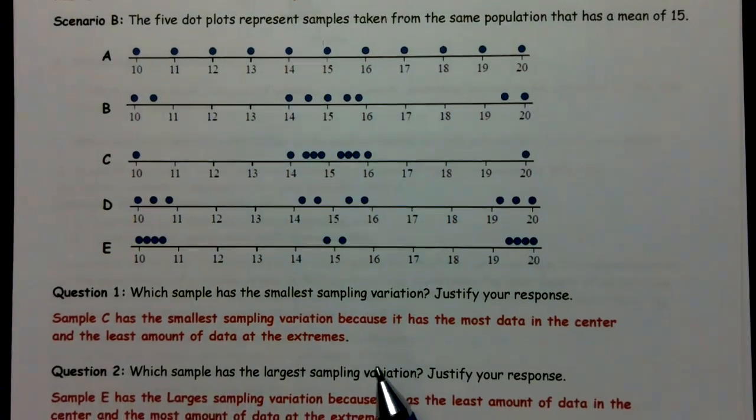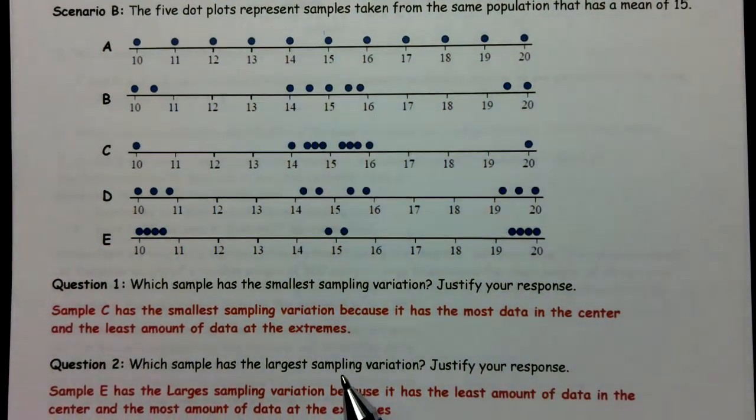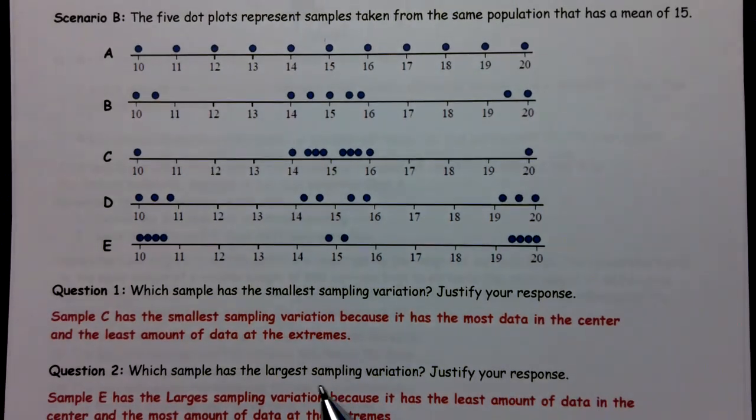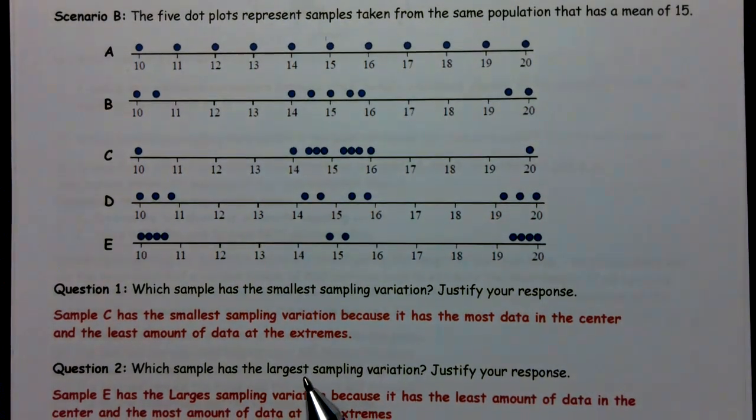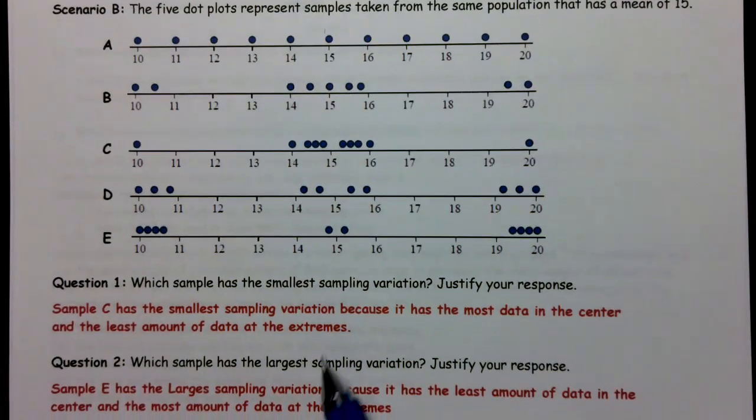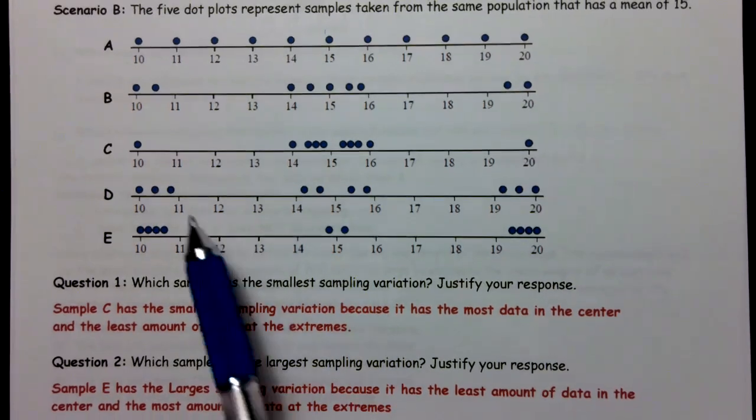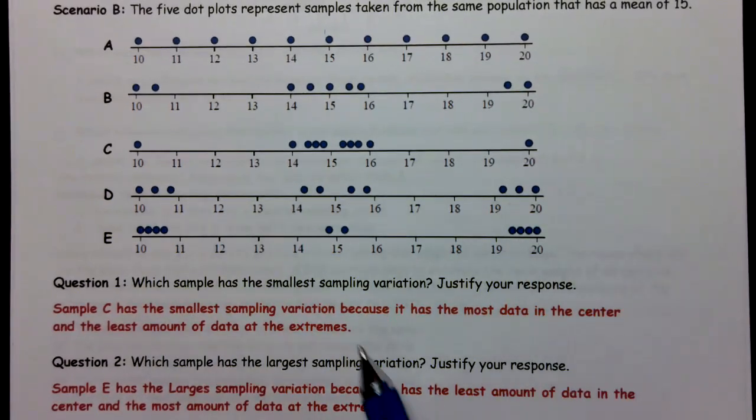Number two, which sample has the largest sampling variation? The largest sampling variation is going to be the one with the most on the outsides and the least in the middle. Well, this has the smallest in the middle and the most outside. So E has the largest sampling variation because it has the least amount of data in the center and the most amount of data at the extremes.